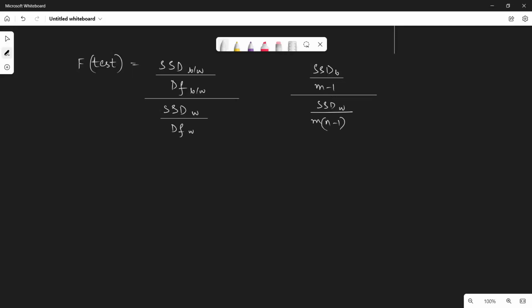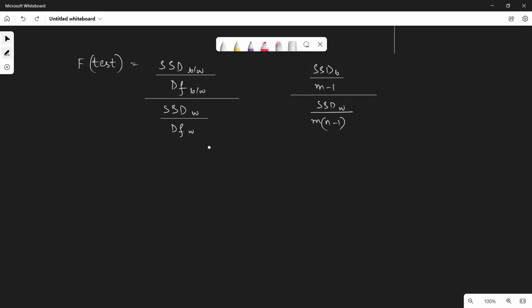This is another way of representation. Here, instead of M minus 1, I have directly written what it means. Similarly for M into N minus 1. So whatever suits you, you can use that formula. There is no change in the formula as such. Both of them are the same.